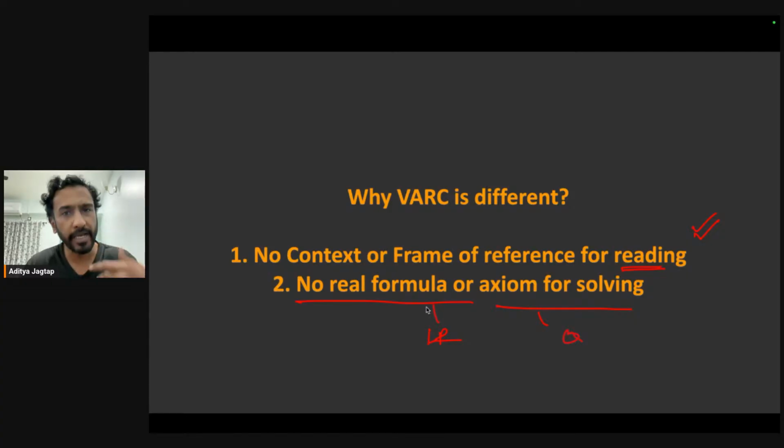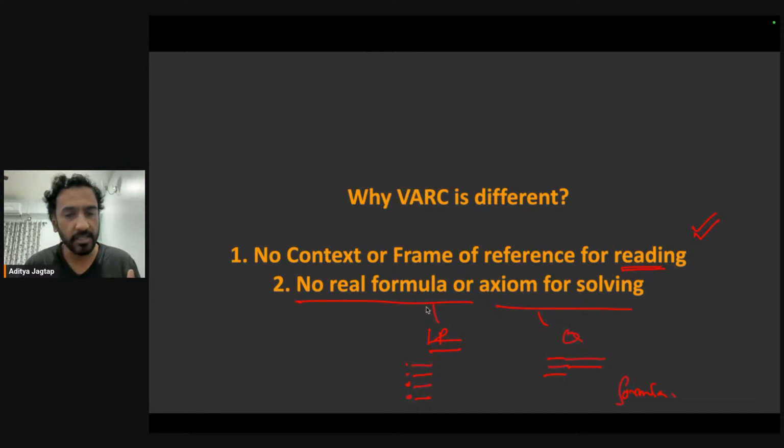If you're making a railway timetable, suppose in the reasoning section, you know that based on certain bullet points you need to figure out some timetable, right? In quant there'll be some problem given, and based on this you need to use some formula, right?